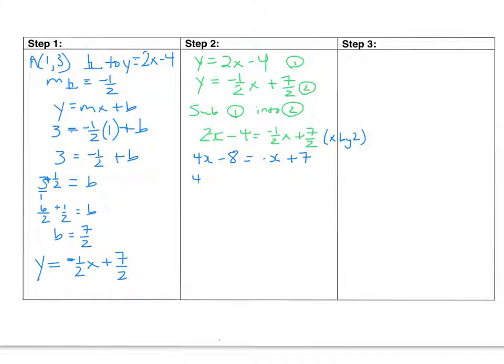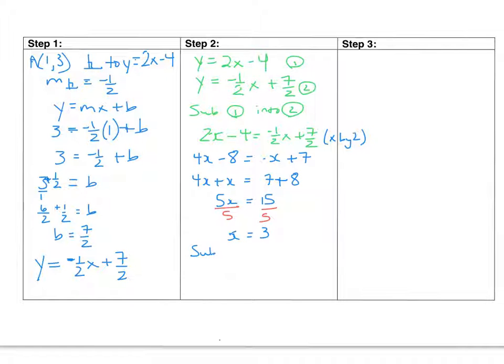Then I'm going to add x to both sides, so I have 4x + x equal to 7, and add 8 to both sides to undo the minus 8. That leaves me with 5x equal to 15. Divide both sides by 5, x will equal 3. So there's my x coordinate for my point of intersection.